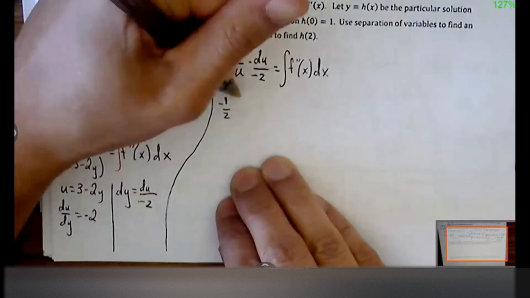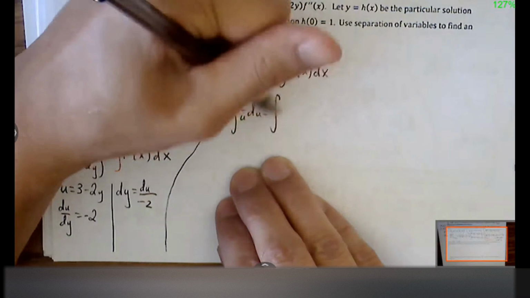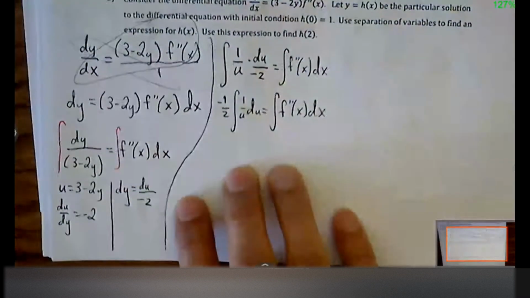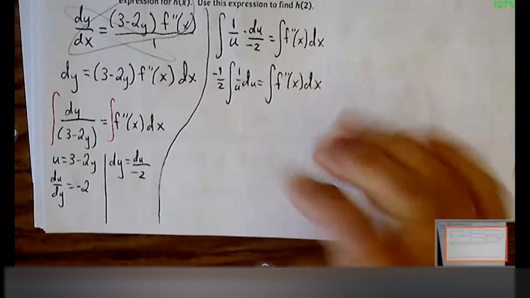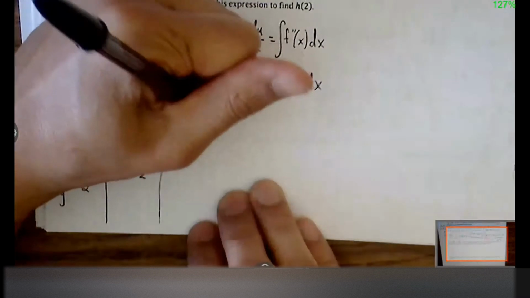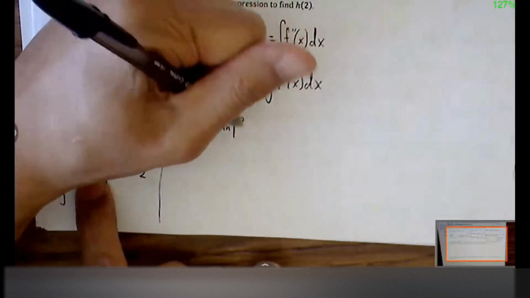Push the negative 1/2 out. Natural log on this side. I know f double prime is going to rise up to f prime. Replace the u back in terms of the original variable.